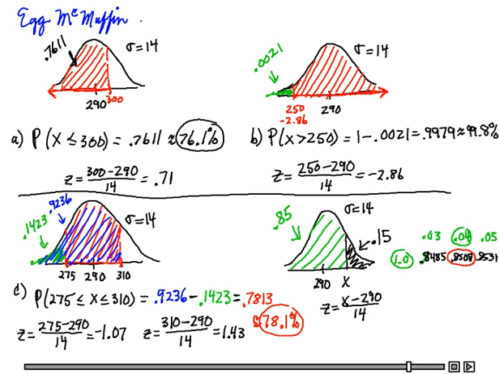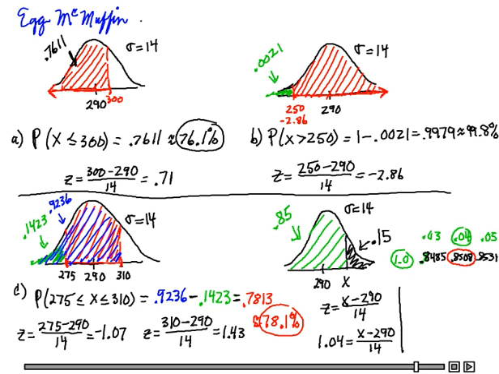and column 0.04. So my z-score has to be 1.04 for the x value. So I'll have x minus 290 divided by 14.